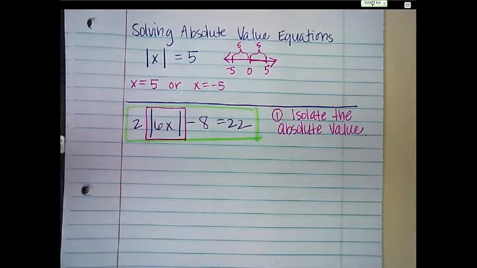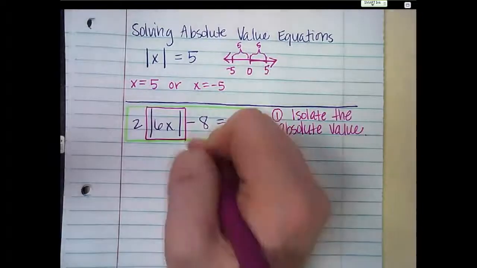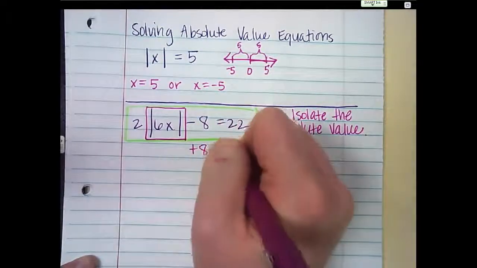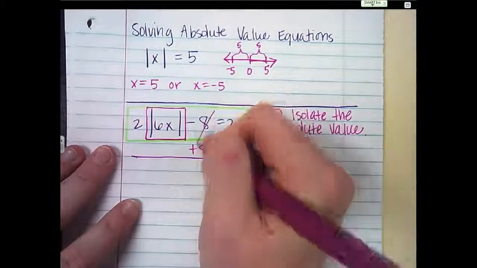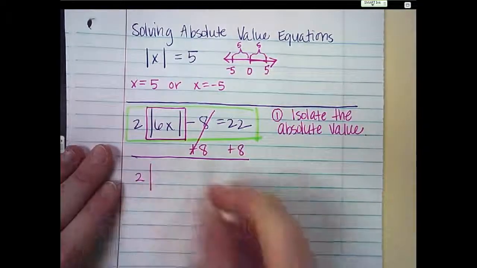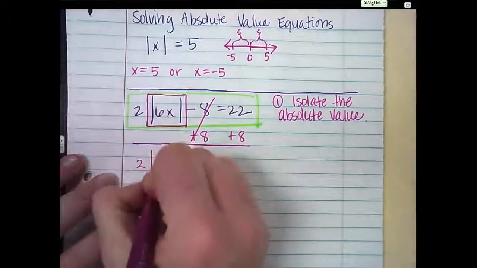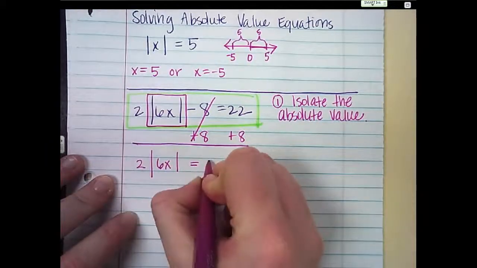So how would I solve for the absolute value? What would you do first? Before the 2, add 8. You can do the 2, but people just always forget that it goes to the 8 also. So let's do the 8 first. So then I have 2 absolute value of 6x equals 30.